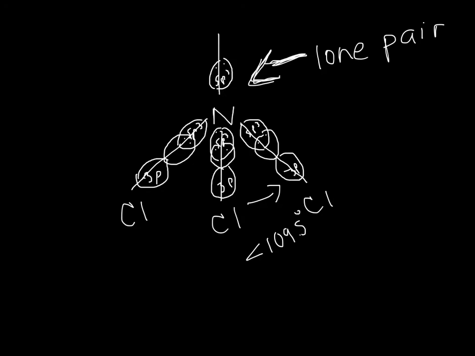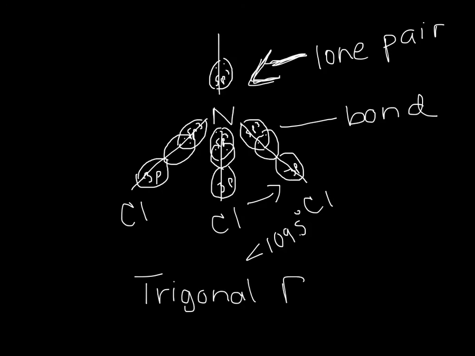And we already said that because of the lone pair, lone pair bond pair repulsion is greater than the bond pair repulsion. And this is going to be our bond. Again, this is a trigonal pyramidal.